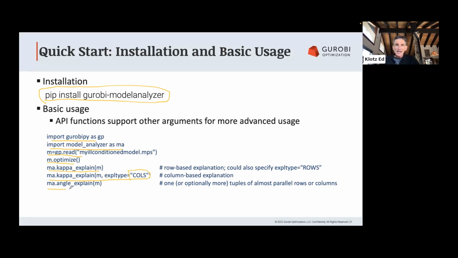Or you have this angle explain routine, which is a separate function that will look for almost parallel rows or columns and return sets of tuples of those rows or columns.